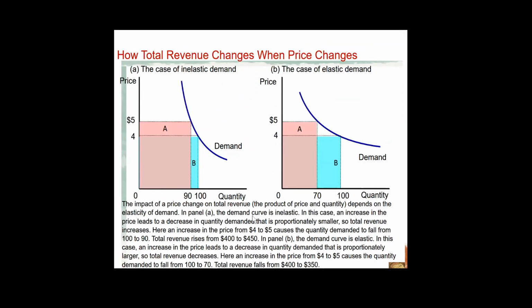So how is that supposed to happen? Now look at these graphs. This is actually inelastic. We said it's steep, so it's going somehow vertical. This one is a bit flatter, going more parallel to the x-axis. Now look, this is inelastic. We said the percentage change of the quantity is less than the percentage change of the price.